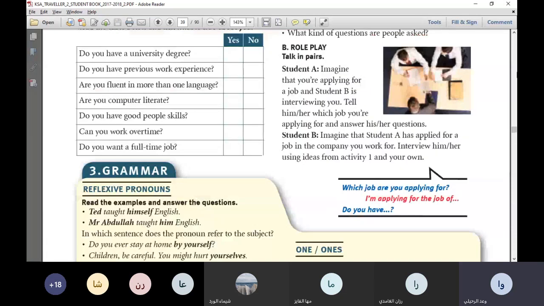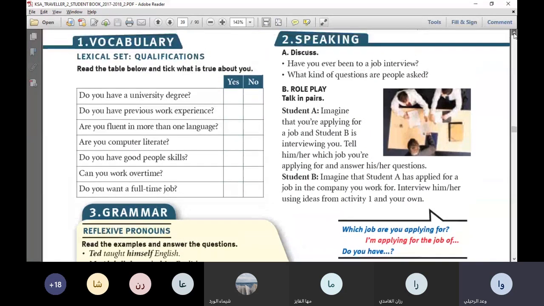Okay, now in the next lesson I need you to pay attention to the vocabulary here because maybe I will give them as a word that you need to put in the blank. So you need to know the meaning of university degree, work experience, fluent in a language, computer literate, which means that he is good in using the computer, good people skills, overtime, the meaning of overtime.